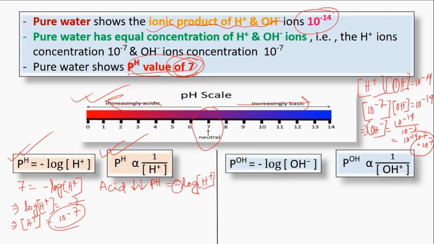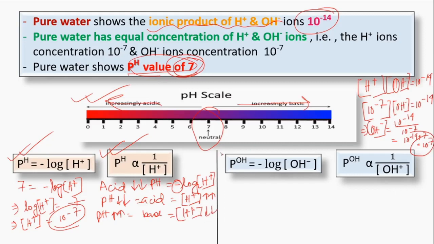So negative means an inversely proportional relationship. If the pH is low, that means acid, and it has a higher hydrogen ion concentration, while if the pH is high, mainly for a base, it shows less hydrogen ion concentration.